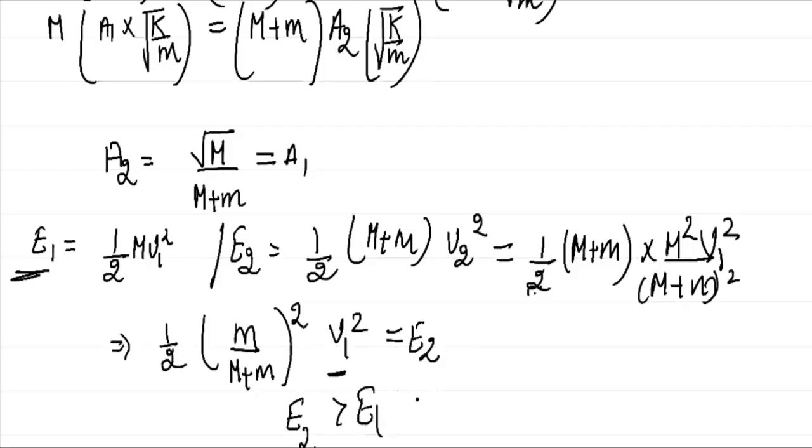So the new time period T2 is equal to 2 pi under root (M plus m) divided by k.